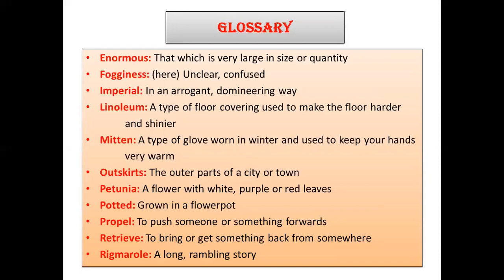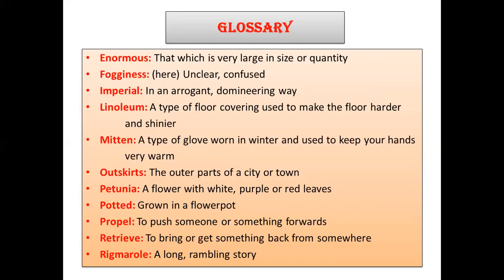Outskirts refers to the outer parts of a city or town. Petunia is a flower with white, purple, or red leaves. Potted means grown in a flower pot. Propel is to push someone or something forwards. Retrieve means to bring or get something back from somewhere.